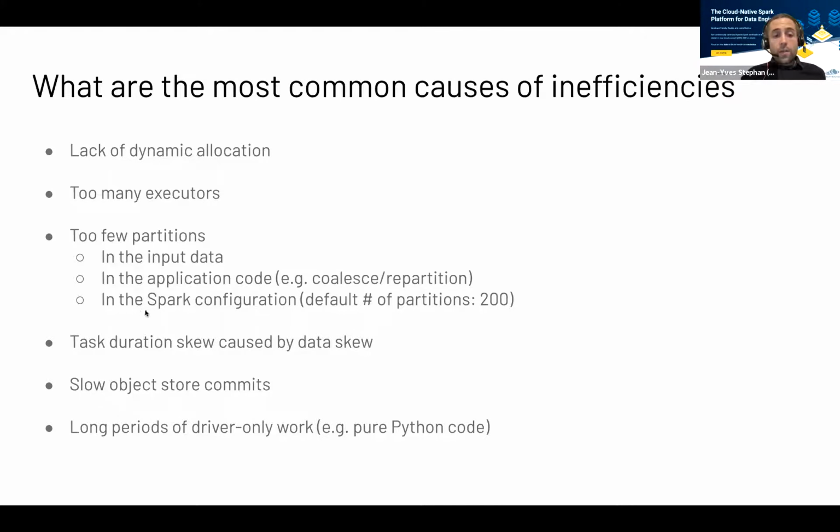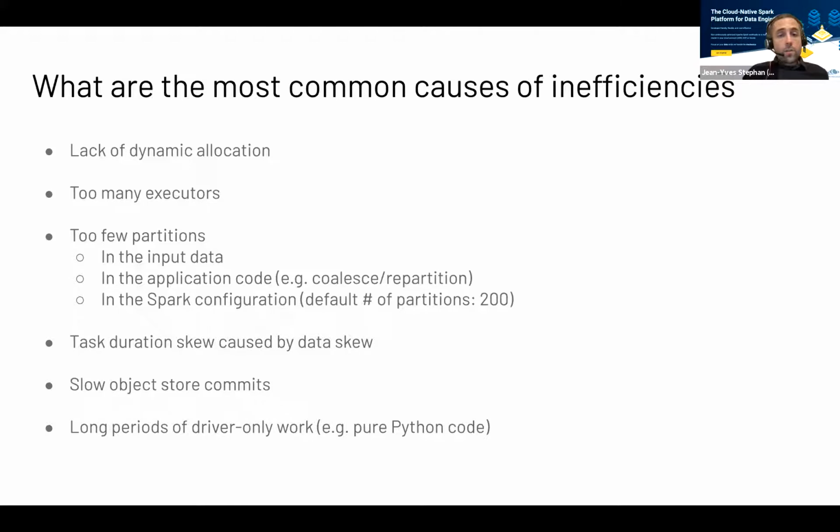Or it can be the default number of partitions, which you can configure using the Spark config, and the default number is 200. On average, we recommend having at least 3x the number of partitions as the number of executors, to guarantee good parallelism.